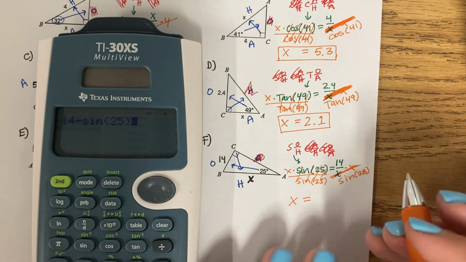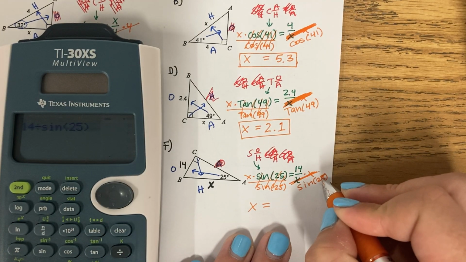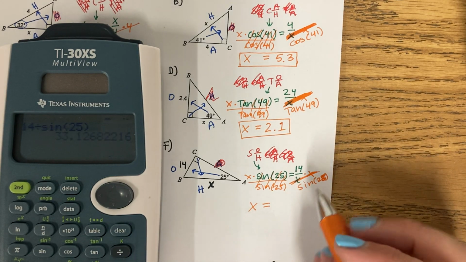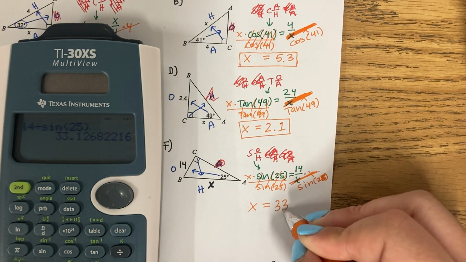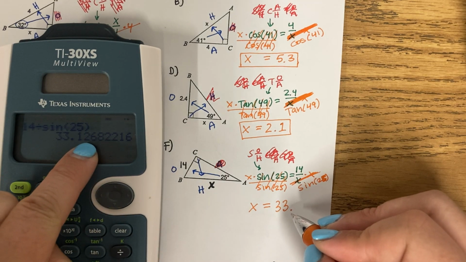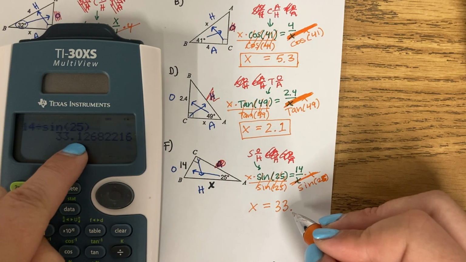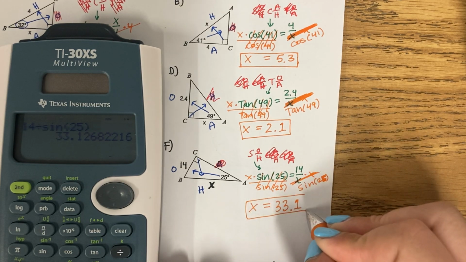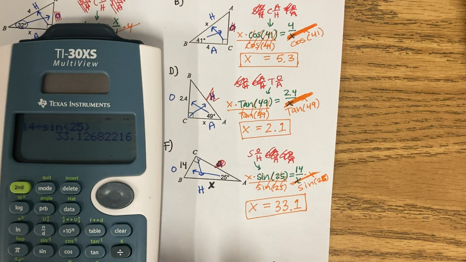That looks like a 23. I need to fix that. That is a 25. 33.2 is not large enough to round that up, so it's 33.1 for our x value.